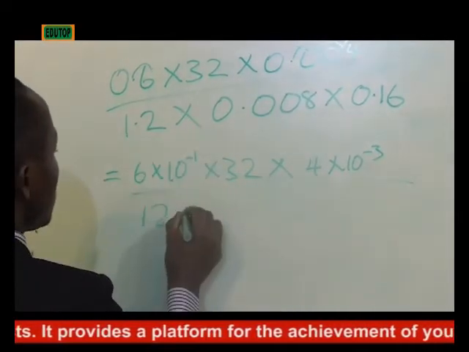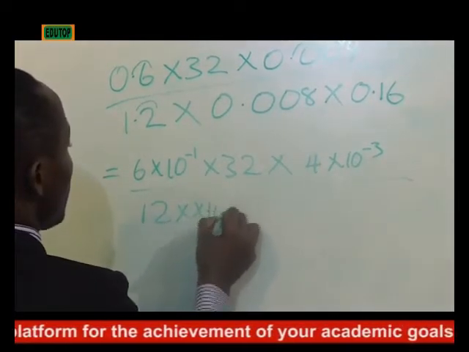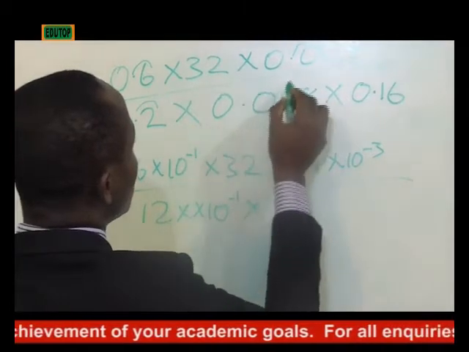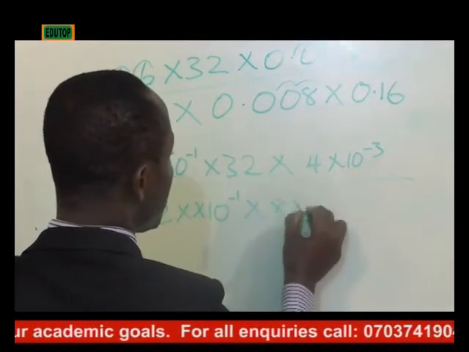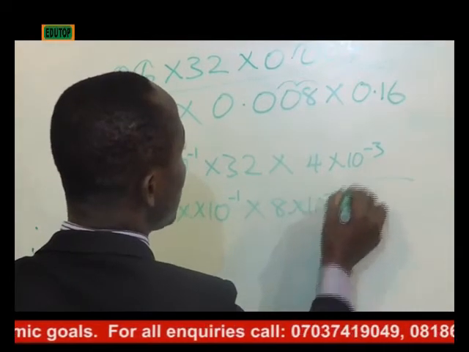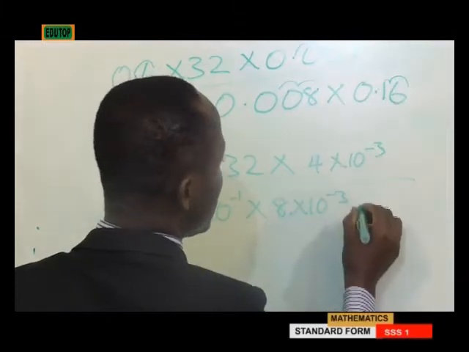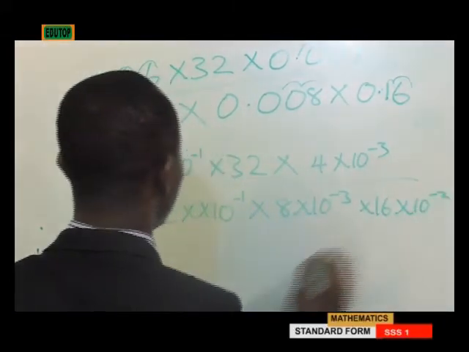We are shifting once. That is only 1 times 10 raised to power minus 1 times, how many times are we shifting here? 1, 2, 3. That's 8 times 10 raised to power minus 3. How many times are we shifting here? 1, 2. That will be times 16 times 10 raised to power minus 2.